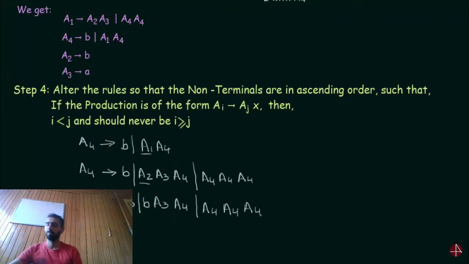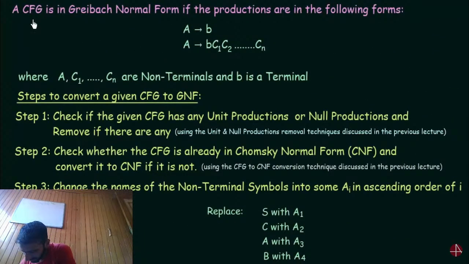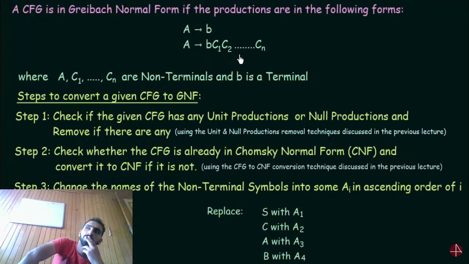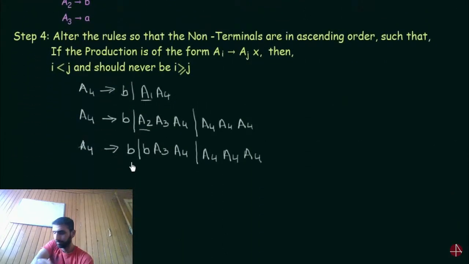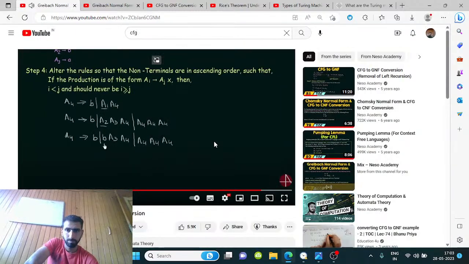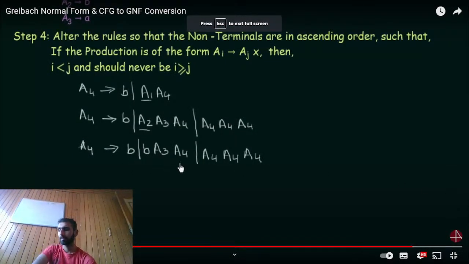So if you see here, a CFG is in Greibach normal form if it is giving a terminal symbol directly, or if it gives a terminal symbol followed by any other variables. So this part is in Greibach normal form now.